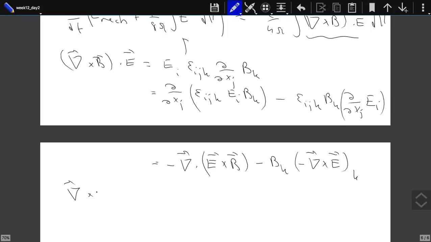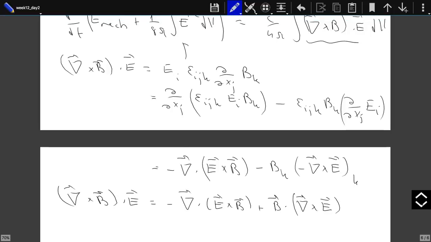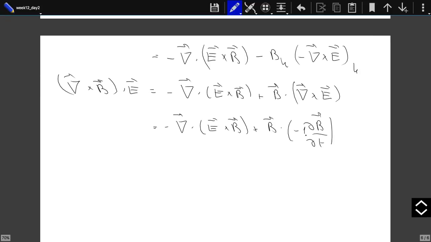Or curl of B dot E is equal to minus the divergence of E cross B plus B dot curl of E. Well, I know what curl of E is. Plus B dot minus dB by dt, 1 over C.